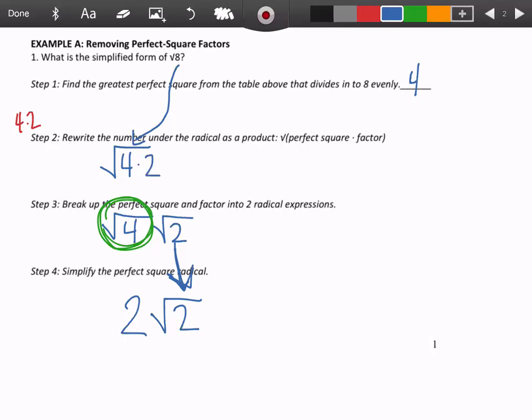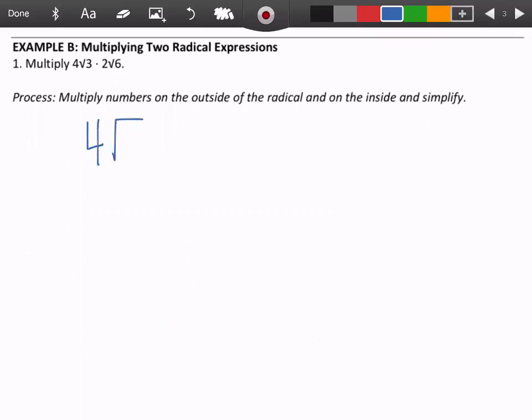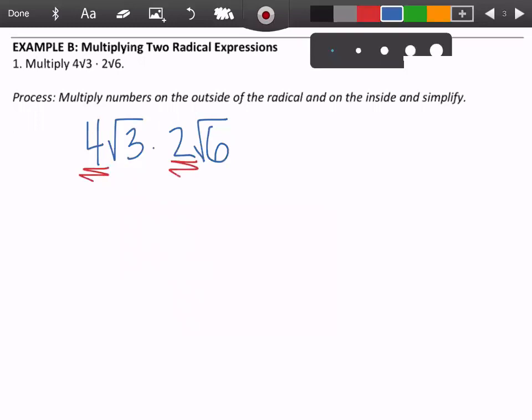So now we're going to go over another type of example, which is, let's say we had separate square root signs. We're going to multiply these two together. So if we have 4 square root of 3 times 2 square root of 6, we're going to multiply the numbers on the outside of the radical first. So we're going to take this 4 and multiply it by 2. 4 times 2 gives us 8.